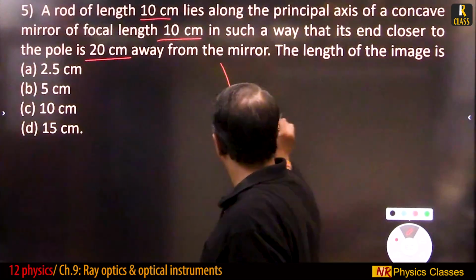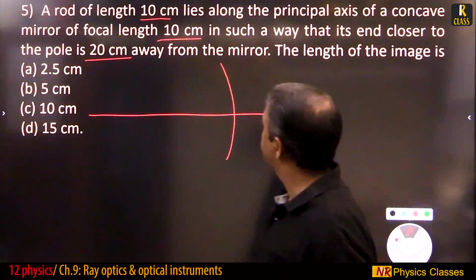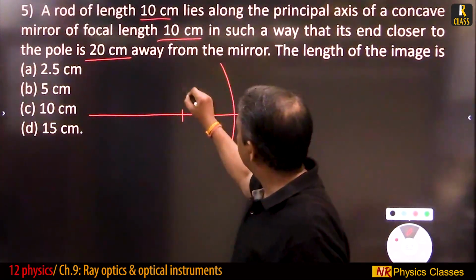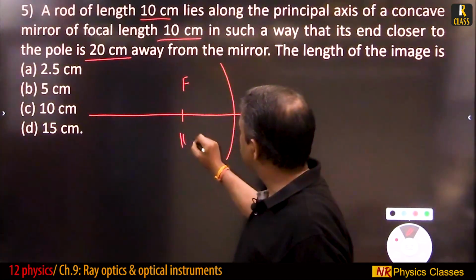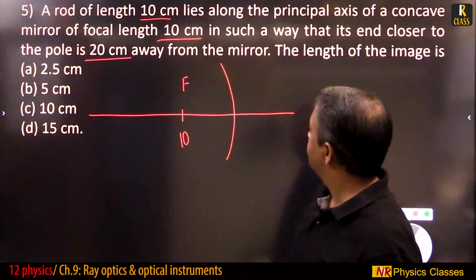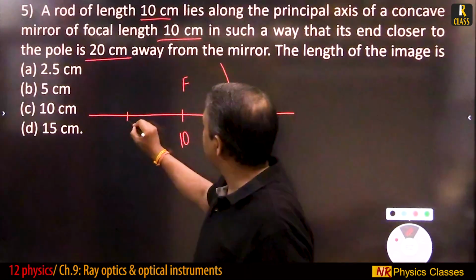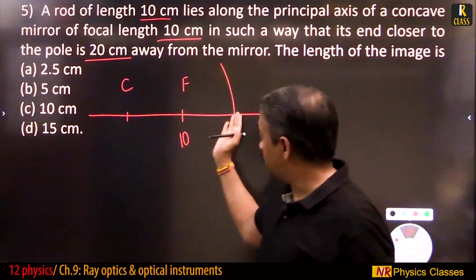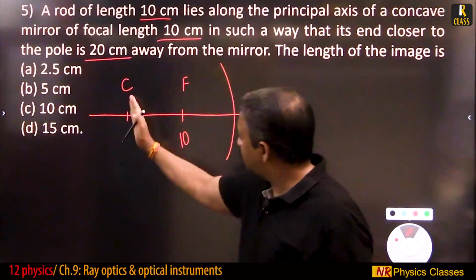This is a mirror. The focal length is 10 cm, of course, centimeter, let me not write. This is C, the center of curvature, 10, this is 20.